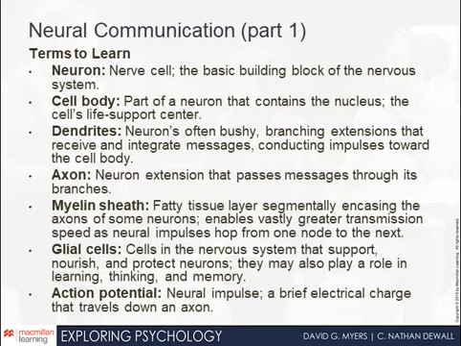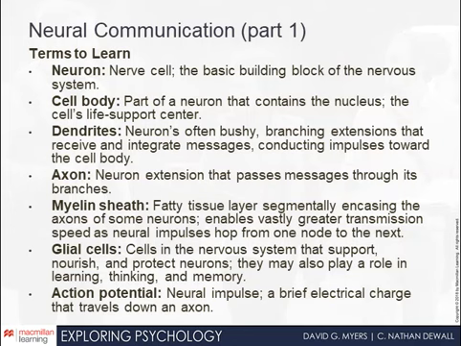MS, multiple sclerosis, is the deterioration of the fatty tissue of myelin sheaths that cover some of the axons, which of course will make movement and coordinated movement much more difficult for people who are suffering from this particular disease.